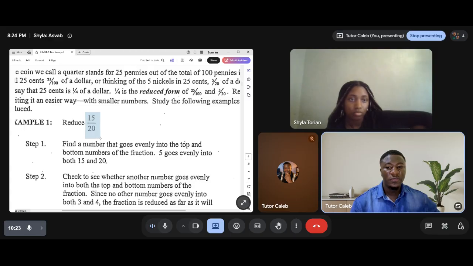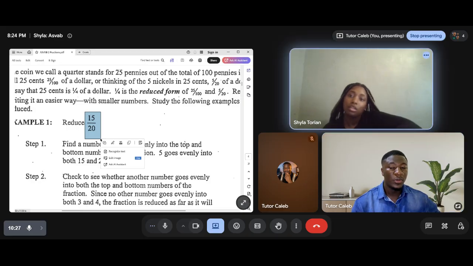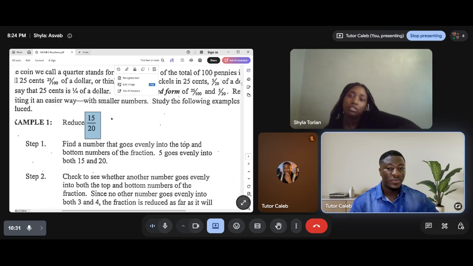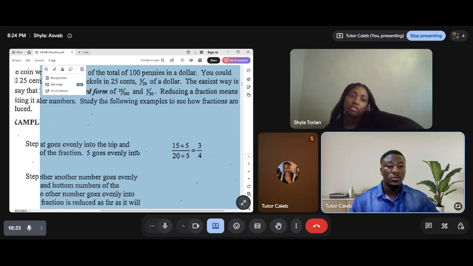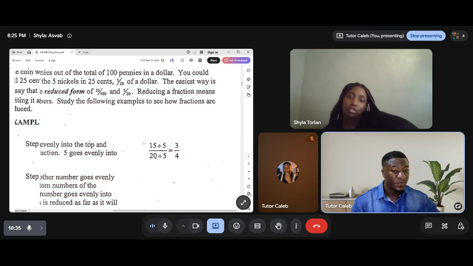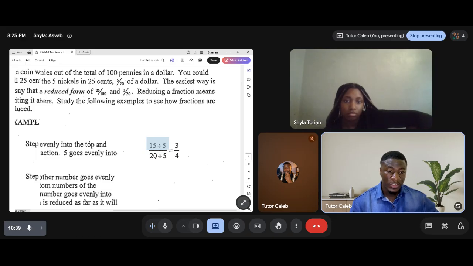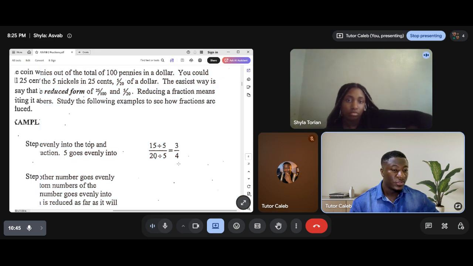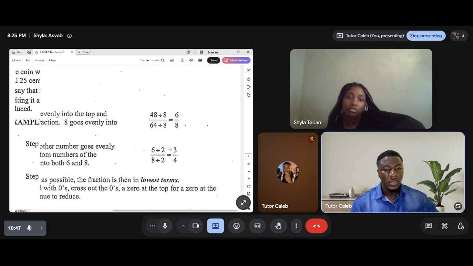Between 15 and 20, are there common factors? Yes. What is the greatest common factor? 5. So 15 divided by 5 and 20 divided by 5. Your answer will be 3 over 4. You've reduced it.